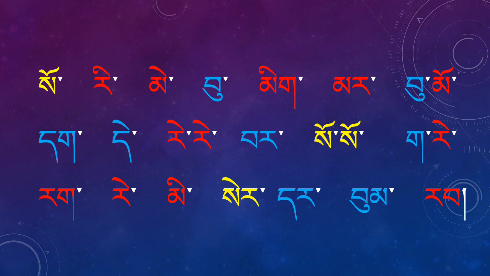So the second line is tak, te, re, par, so, kare. The third line, rak, re, mi, ser, tar, pum, rap.